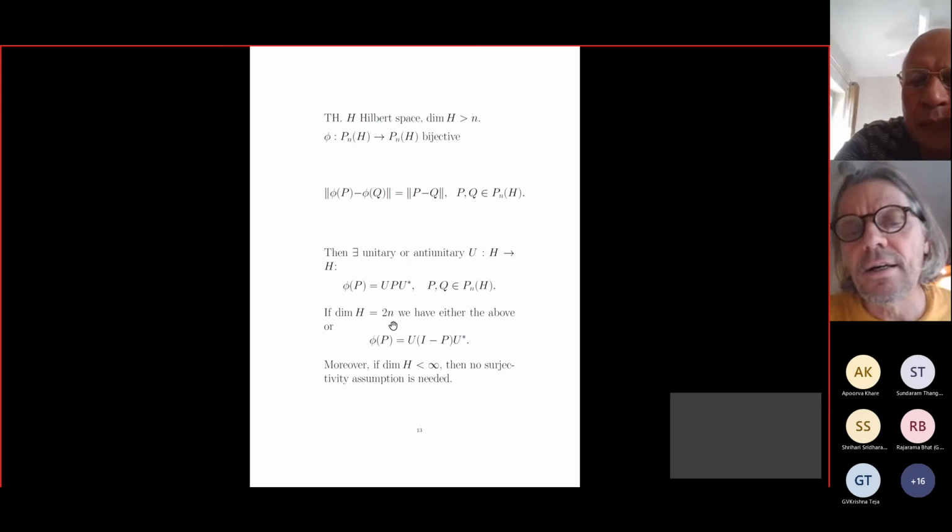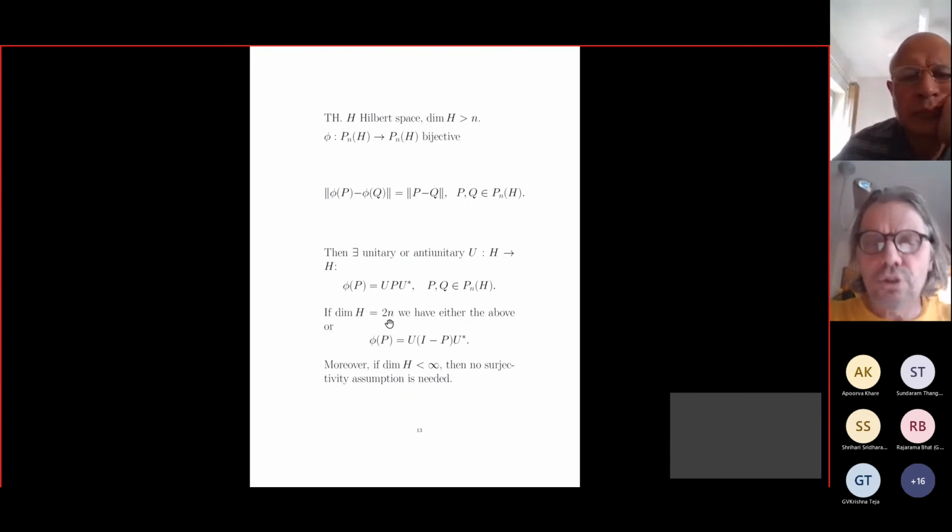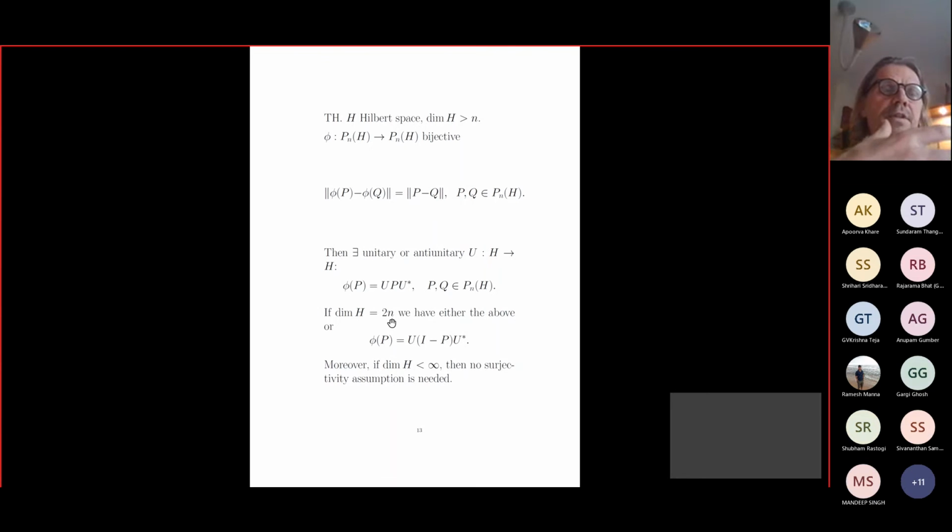If the dimension of H is equal to 2 times n, say if you have 5-dimensional subspaces in 10-dimensional space, then of course you can send every subspace of dimension 5 into its orthogonal complement. This is still going to be an isometry.